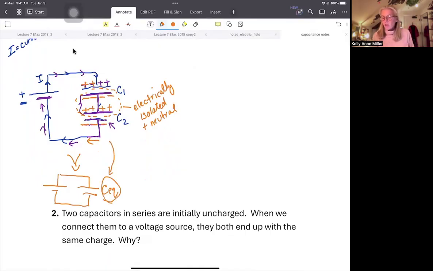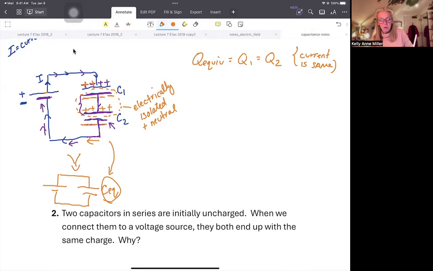Okay. So we're going to start with the fact that the equivalent charge on this CEQ is going to equal the charge on each of the two plates. And that is simply because the current is the same. The current going from the positive terminal of the battery and back to the negative terminal of the battery is the same.